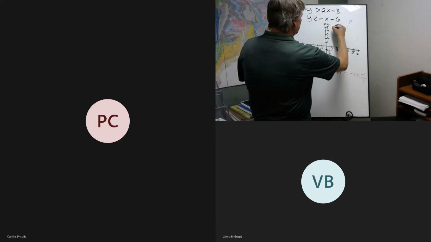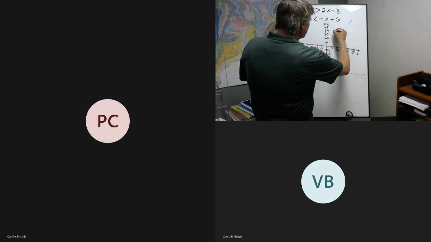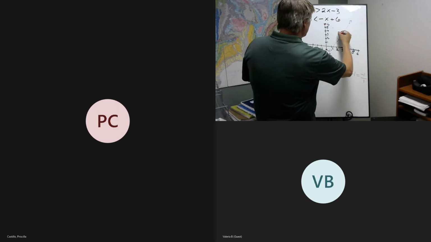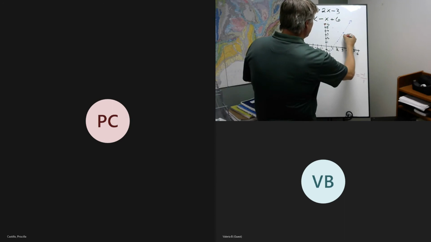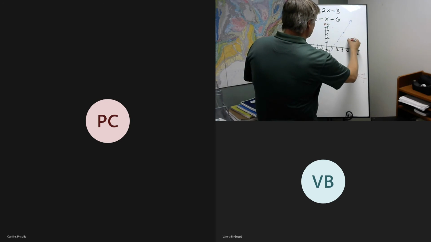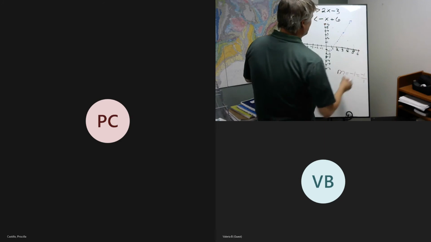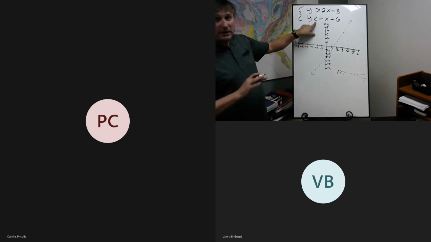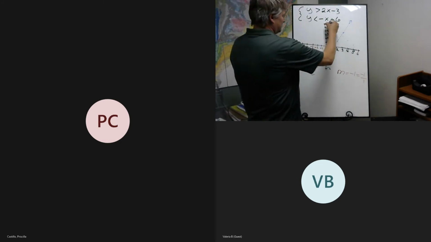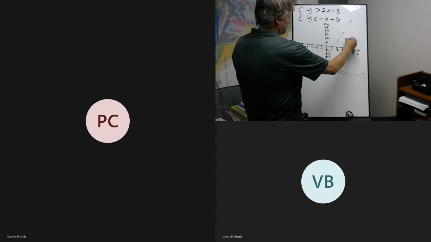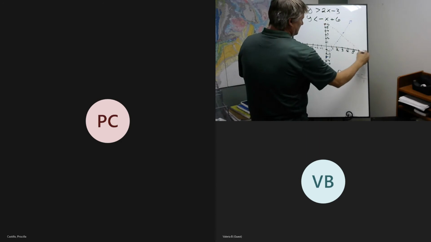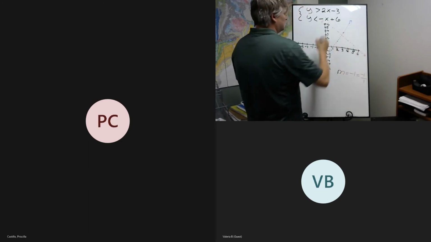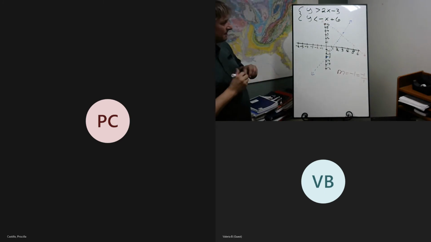Drop 1, run 1, drop 1, run 1, drop 1, run 1. There we go. And again, because there's no equal to, again, dotted line.